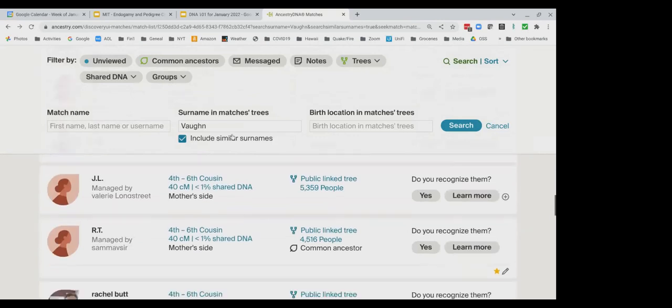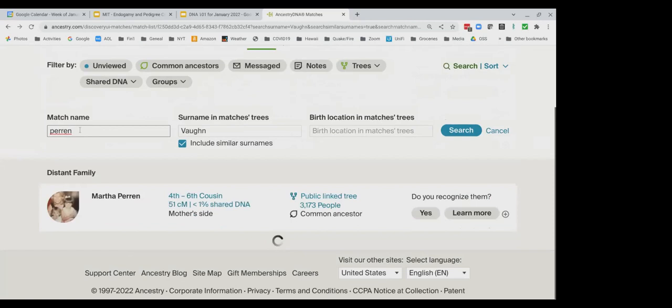All right, so we're good for Martha Perrin, P-E-R-R-E-N. Okay, so we pulled up Martha Perrin by putting in her name, which I happen to know, and we've got a public link tree. Now we're going to look at Martha's record, which I can get by learn more, or I can click on her name.